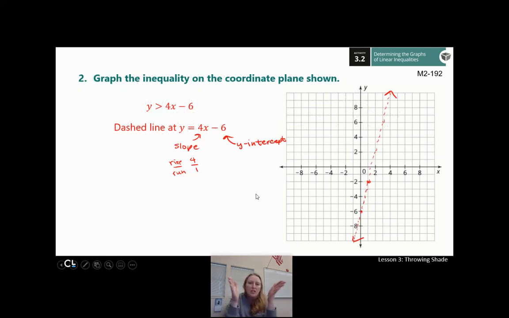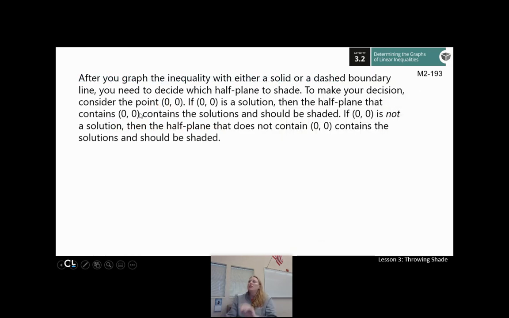We've made our dashed line, and we know that since it's an inequality, we need to shade one side of this line. But the question is, which side? That's a big question, right? So here's what you can do. After you graph the inequality, whether you have a solid line or a dashed boundary line, you need to decide which half plane to shade.